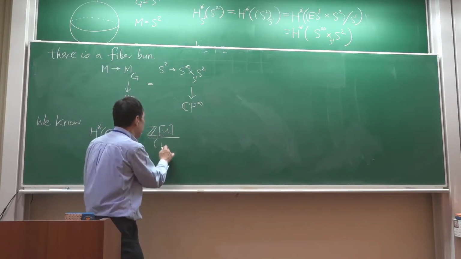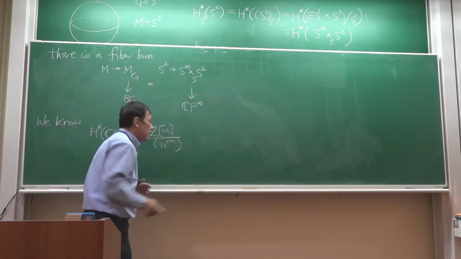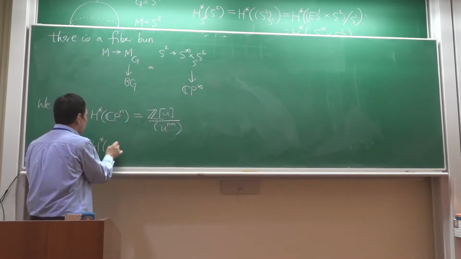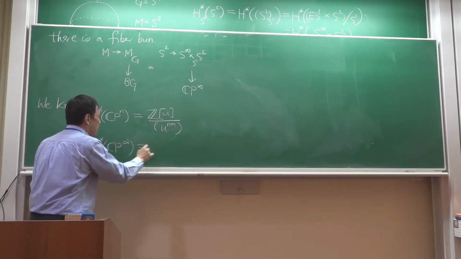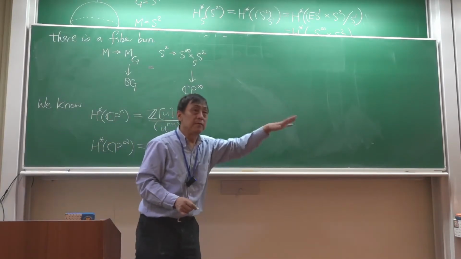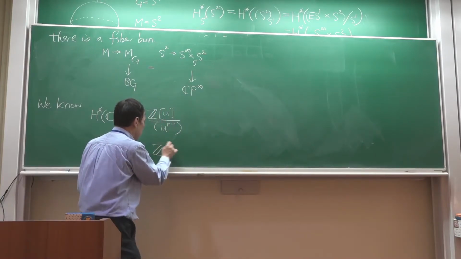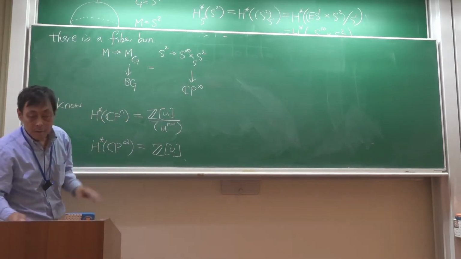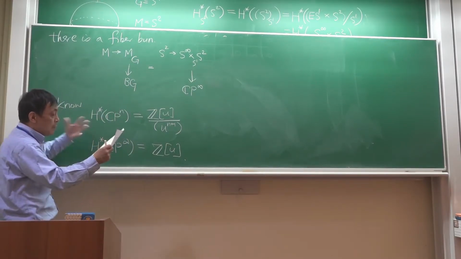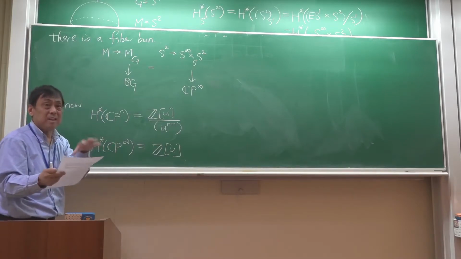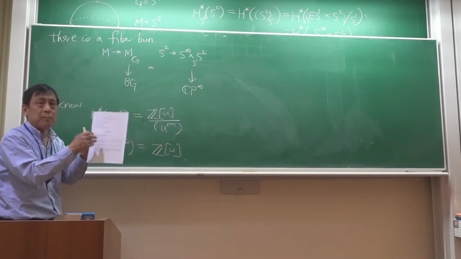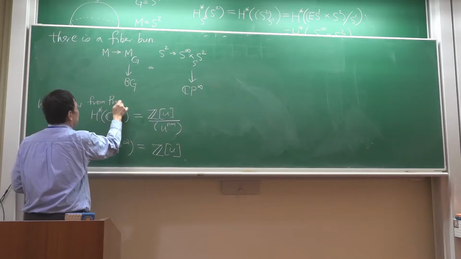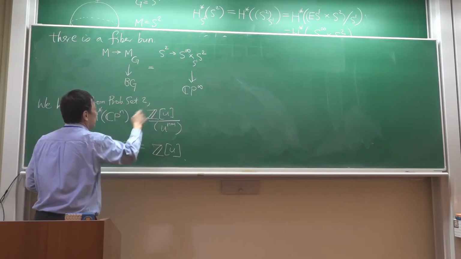For CPN, it's going to be U^(N+1). And for CP infinity, well, it never stops, so it's just Z[U]. Now, these two results, I want you to write out all the details for, so that's one of the problems in the problem set. We know this from problem set 2.